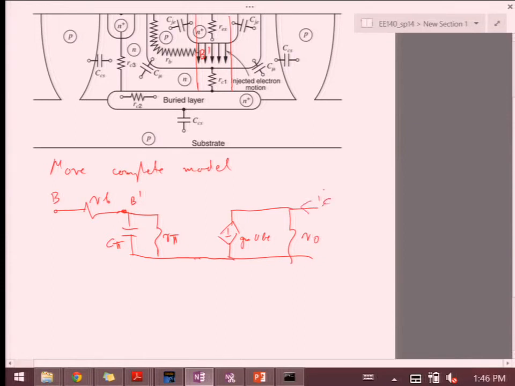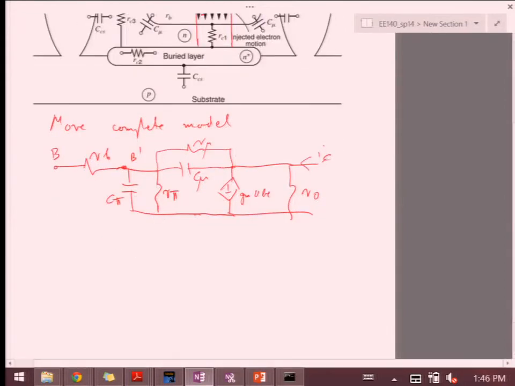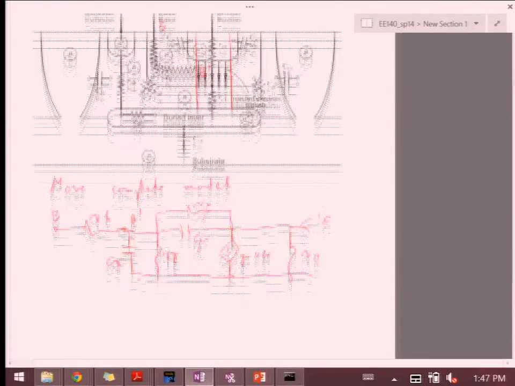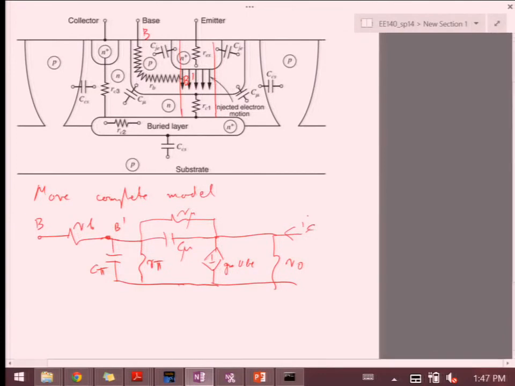But I also have two other terms that I need to address. These three pieces, which are R mu, C mu, and C pi, are new. C mu is this capacitance over here, the capacitance between the base and the collector.